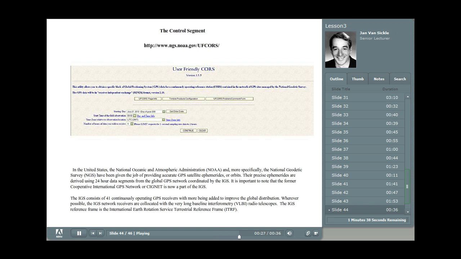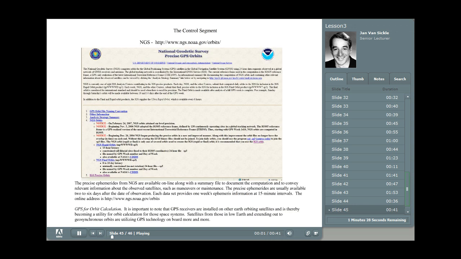Again, this is to do post-processing on GPS observations and much improve the coordinates, if you will, of those control points in the sky, those satellites, with a post-computed ephemeris. These precise ephemerides are usually available 2 to 6 days after the date of the observation. And here again is a website.